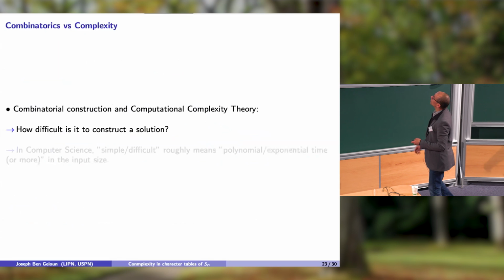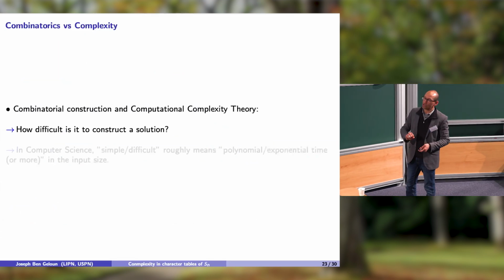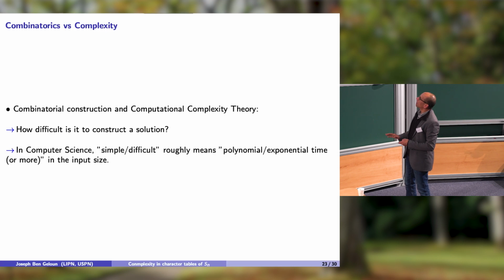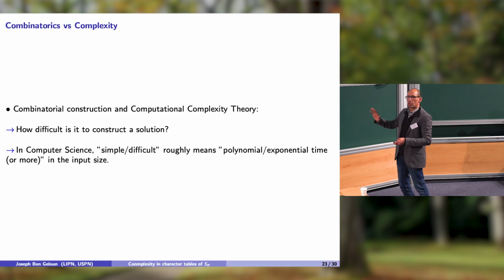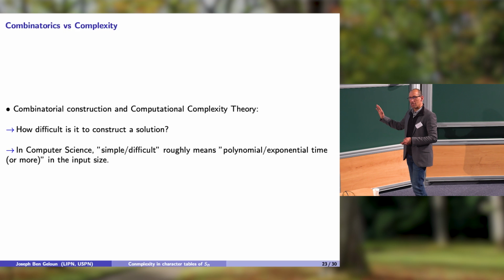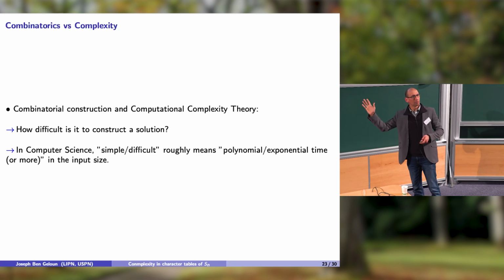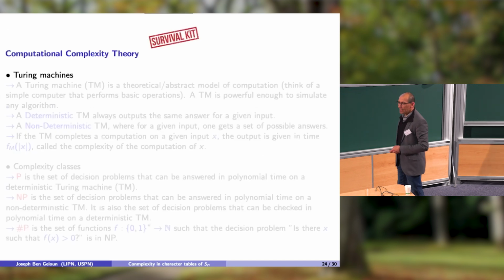All right, so we discussed combinatorial constructions. How difficult is it to get a solution, an answer? That's a different thing. In computer science, when you say simple, it means you have a polynomial time algorithm. If it's tough, you say you have an exponential or worse algorithm.